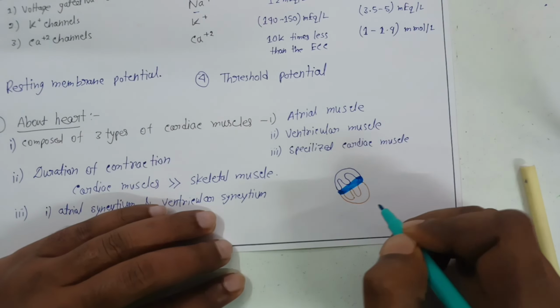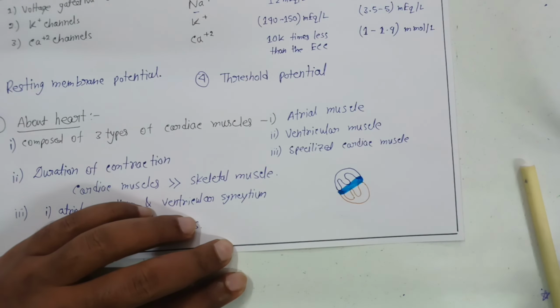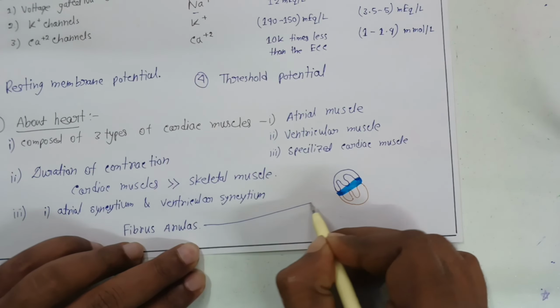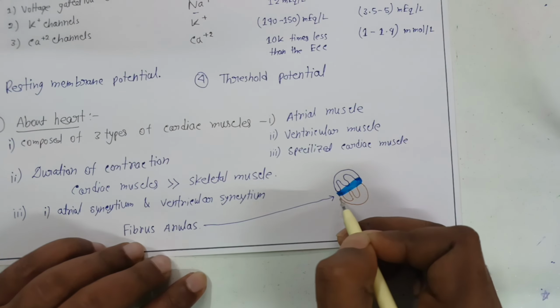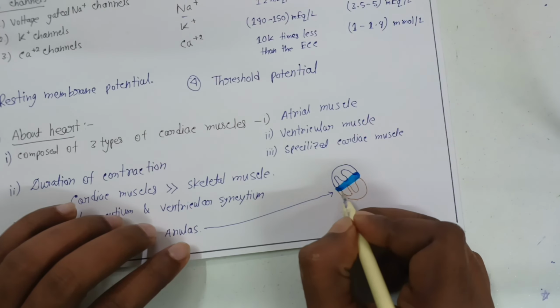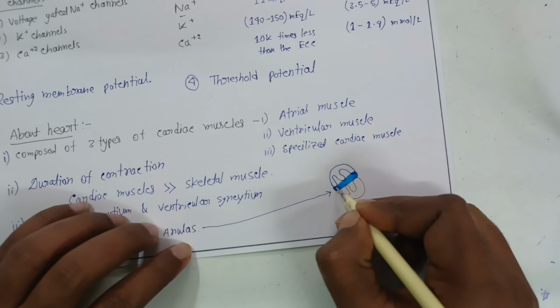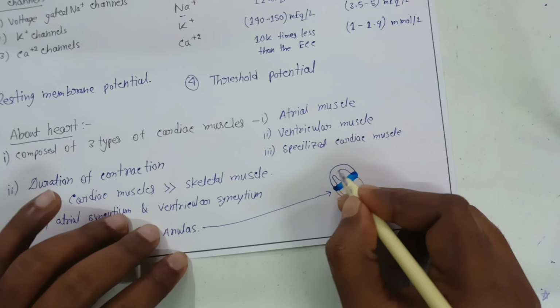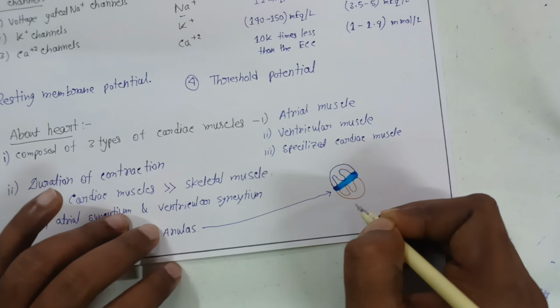This is called the fibrous annulus. So what is the function of the fibrous annulus? Its work is to separate the atrial chamber from the ventricular chamber.